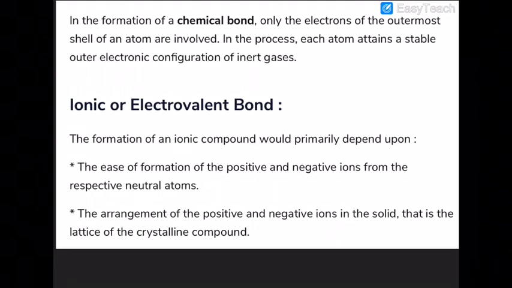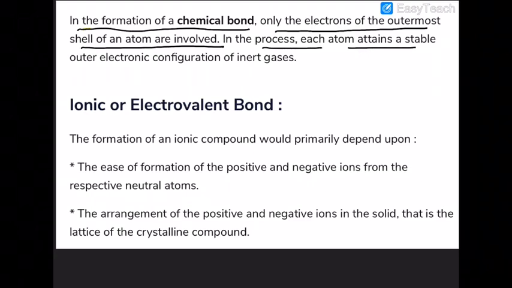Now in the case of a chemical bond, only the electrons of the outermost shell of an atom are involved, and in the process each atom attains the stable nearest noble gas configuration.